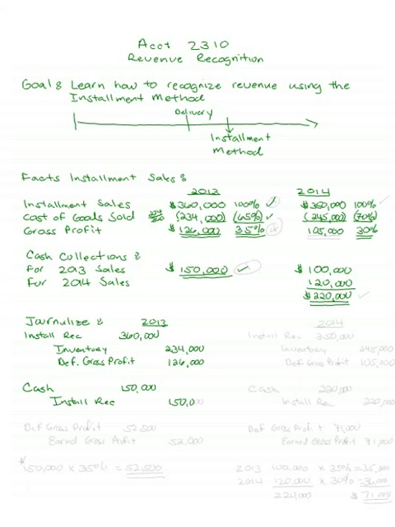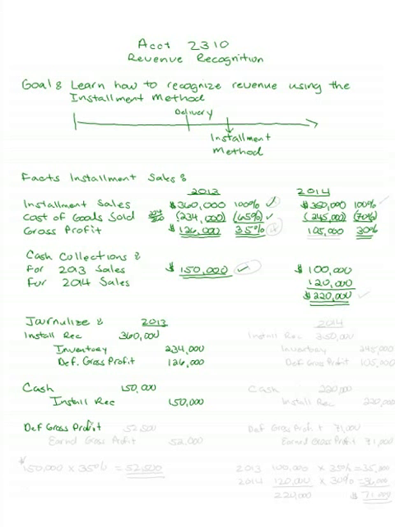Now remember, we said for every dollar we collect, 35% would be gross profit. So since I've collected $150,000, I need to recognize 35% of that as gross profit. So I will take my deferred gross profit account down by 35% of this amount. There you go.